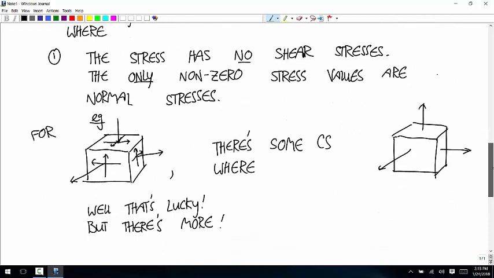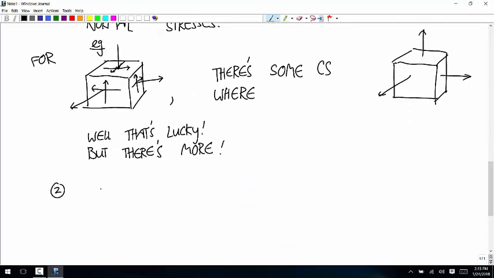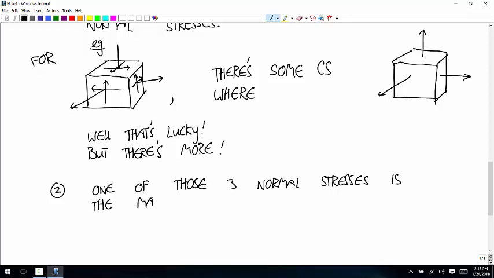And one of those three normal stresses is the maximum normal stress out of all coordinate systems.